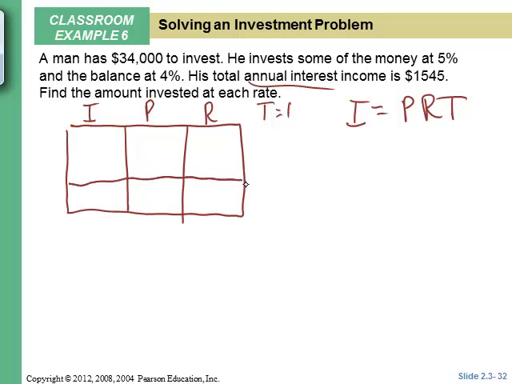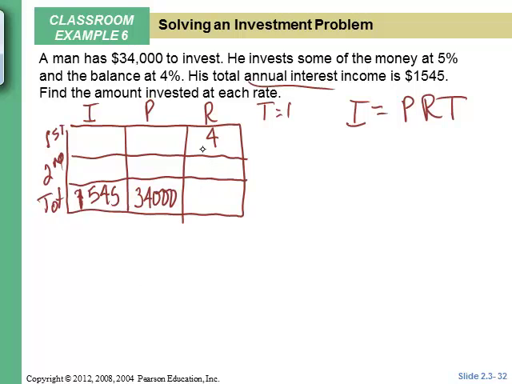Okay, so we've got the first part, and we've got the second part, and we've got the total. Now we have a total amount invested of $34,000. We have a total interest of $1,545, and we've got a rate here of 4%, 0.04, and the other rate of 0.05.